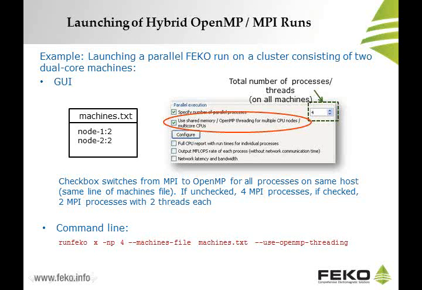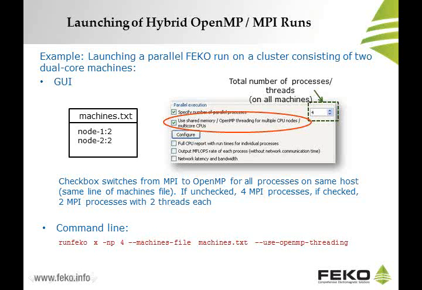The activation of that is quite straightforward. I'm going to illustrate first how to do that in the user interface. It's typically done by a machines file, which is either available separately or in our GUI can be defined in a table. Here we specify, for instance, we want to use 2 nodes in a cluster with 2 processes each.